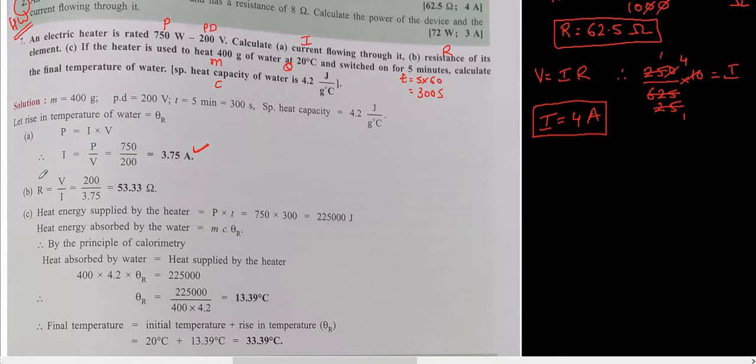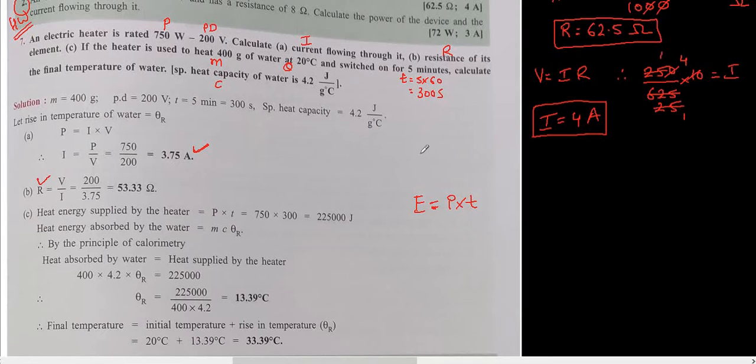Now we are using Ohm's law, R is equal to V upon I, substituting the value of V and current, we get resistance. Now heat energy supplied by the heater, that means it is nothing but the energy. So energy is equal to what? Power multiplied by time.